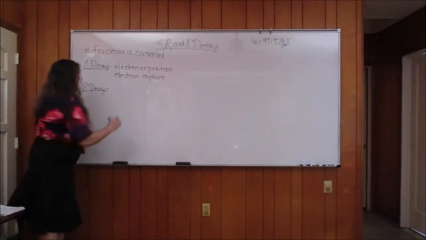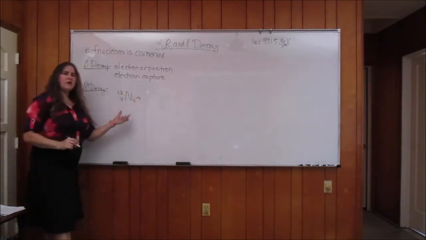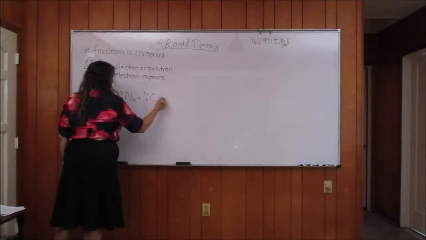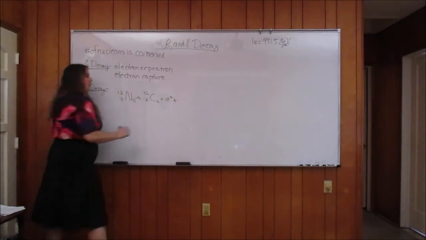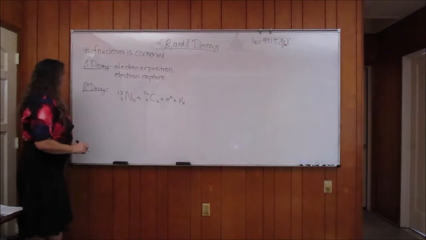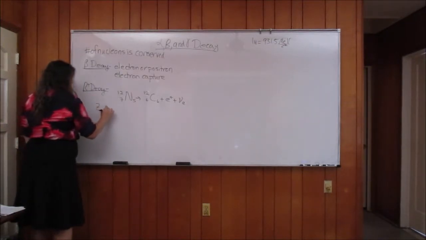Okay, the decay we were looking at is that of nitrogen-12 into carbon-12 by emitting a positron and a neutrino. This time it's a neutrino, it's not an antineutrino. The general form of beta plus decay looks like this.